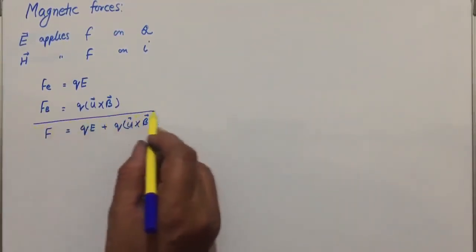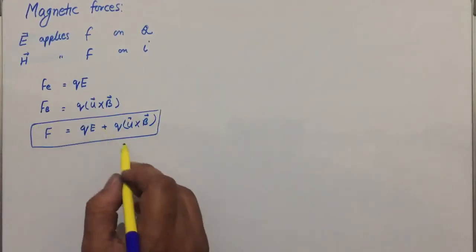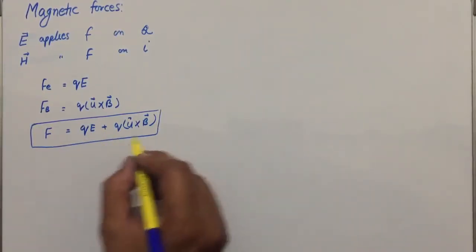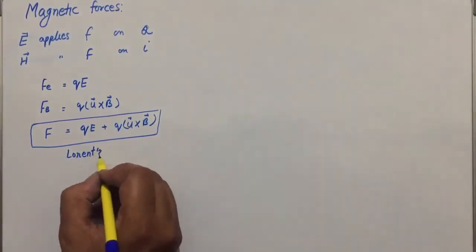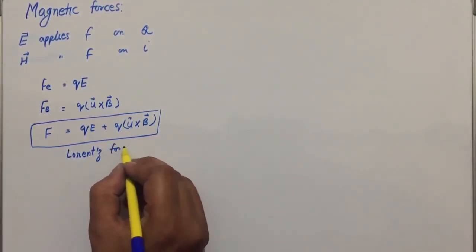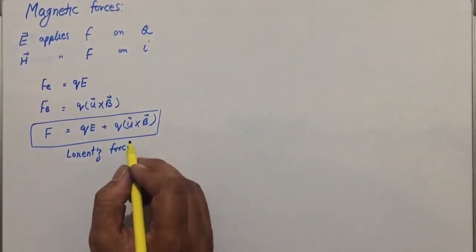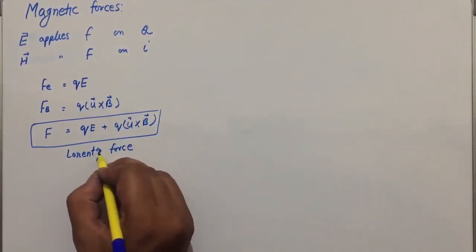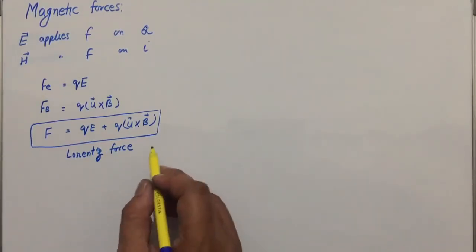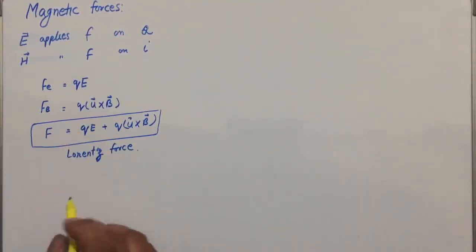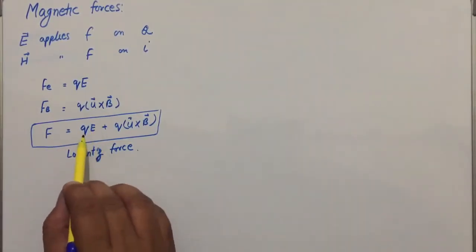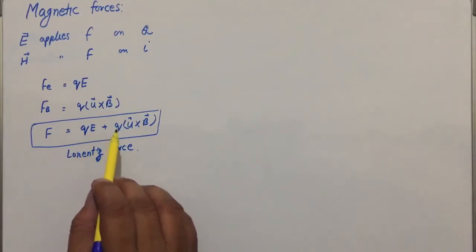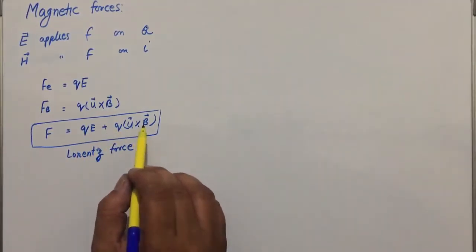So this is nothing but the Lorentz force. This is the total force experienced by a charge Q when it is moving in magnetic field B with a velocity U.